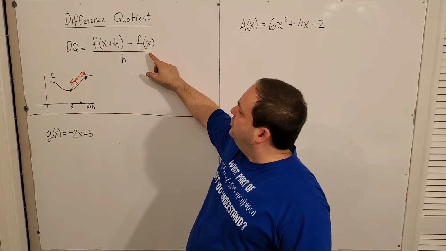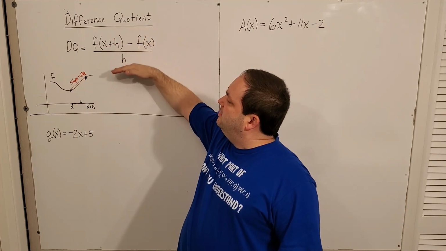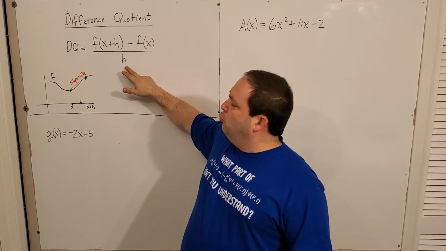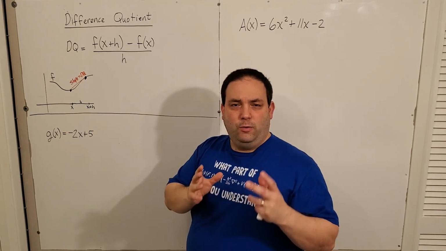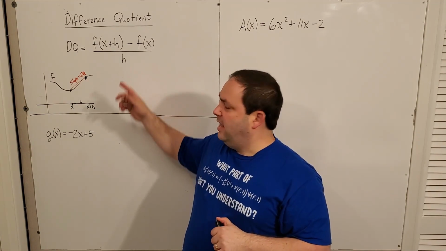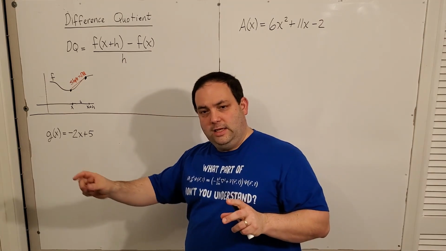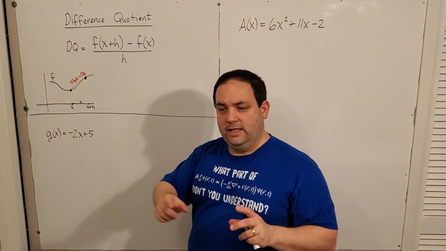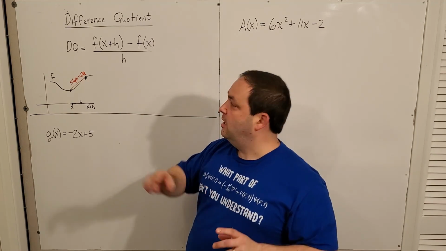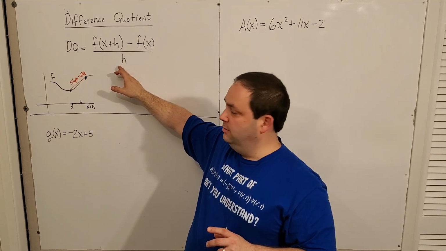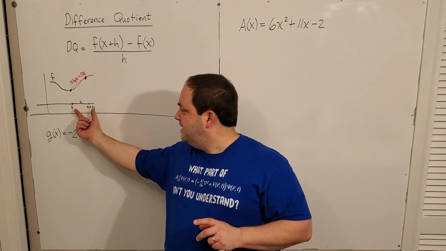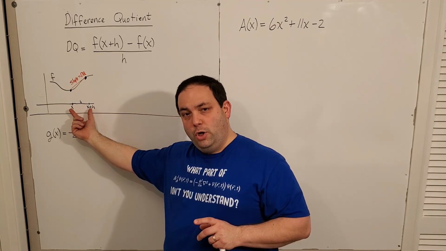You can see the fraction bar, and then this is a rise and this is a run. But now the run has been redefined so that it's a single value. And really the idea there is that I can control the run kind of like a slider bar, right? I can let it be as large as I want or as small as I want, and it's controlled by this one variable here, h. So you can see h is actually the length of the run.